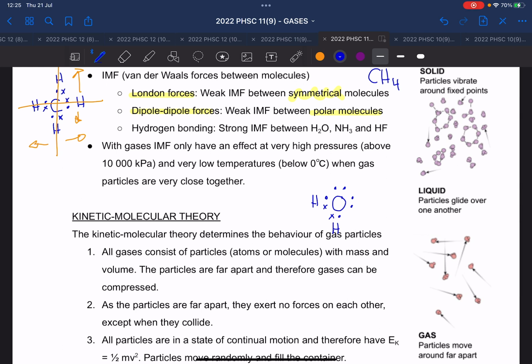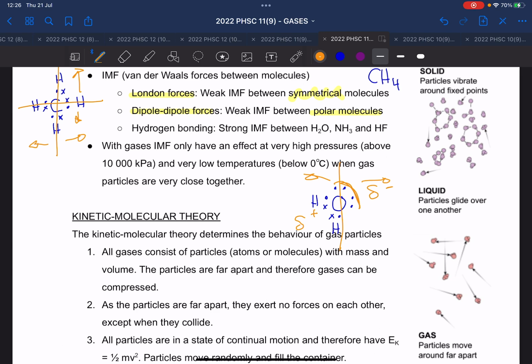Okay, so as you can see, this is not symmetric. If we cut it down the middle, the left side does not look like the right side. So this molecule is going to have some sort of polarity at a side. So this side of the O will be a little more negative, and this side will be a little more positive.